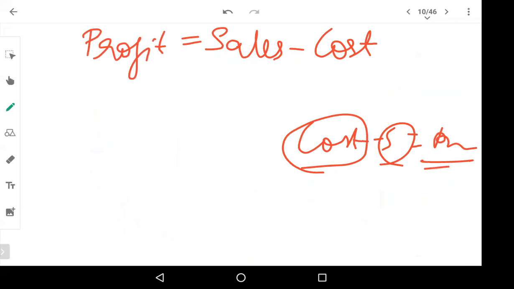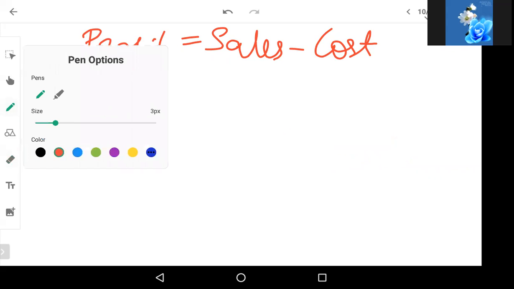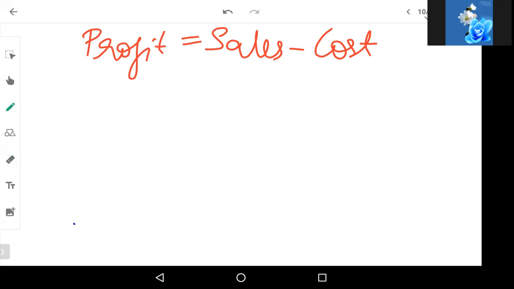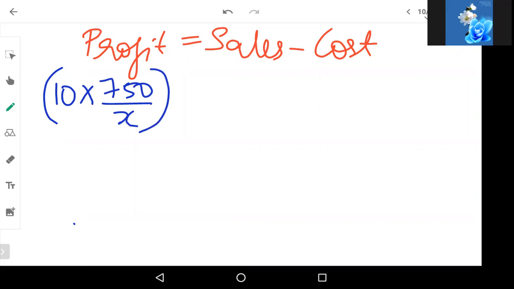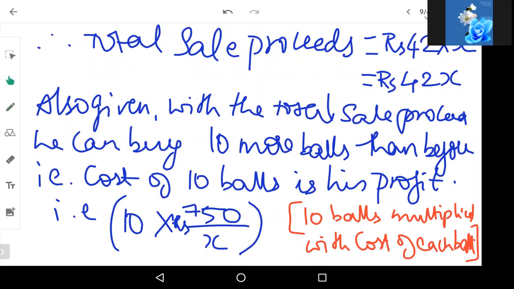Okay, now what is the profit element? What is the profit element? We have 10 balls into 750 by x. This is the profit element. So if you go back here, you have this. This is the profit element.